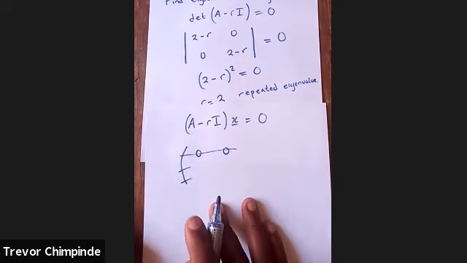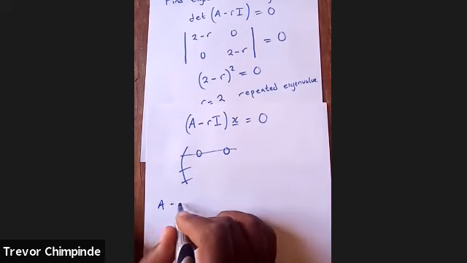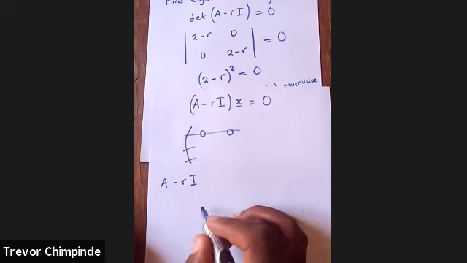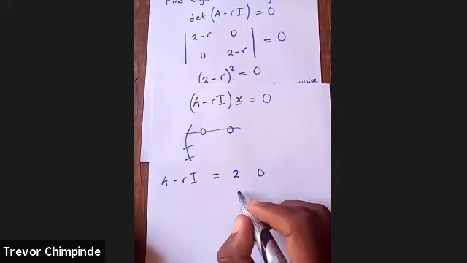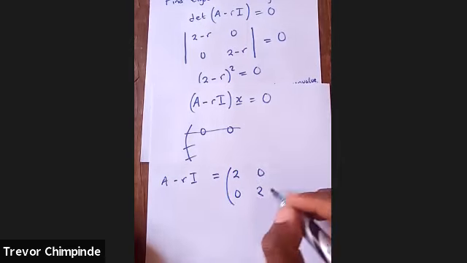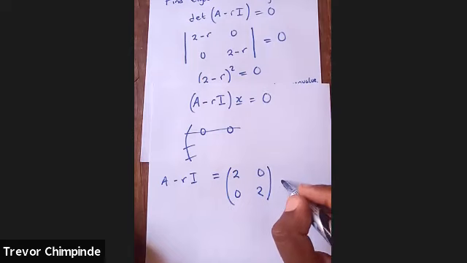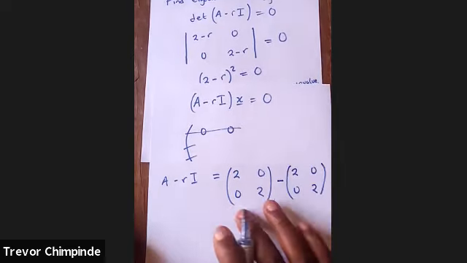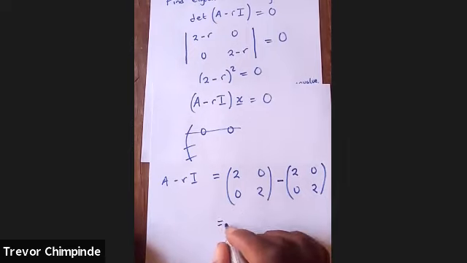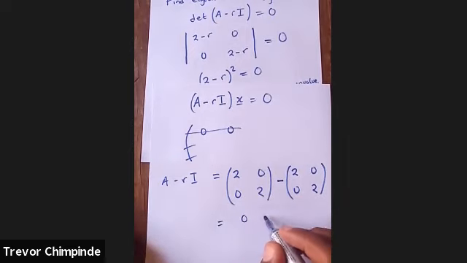Just want to say that A minus rI is equal to, my A is 2, 0, 0, 2, then minus rI, my r is 2, so this is 2, 0, 0, 2. In this case they are the same, so that when you subtract this, you get a 0 matrix.